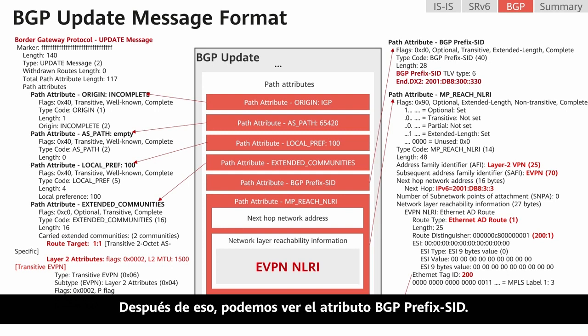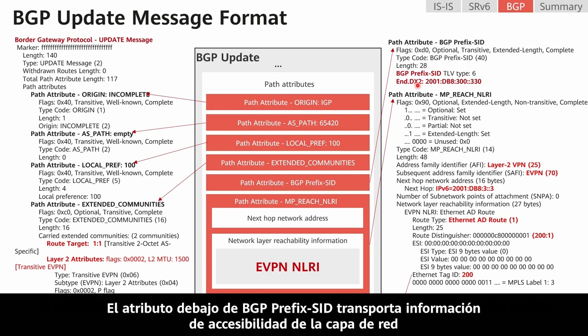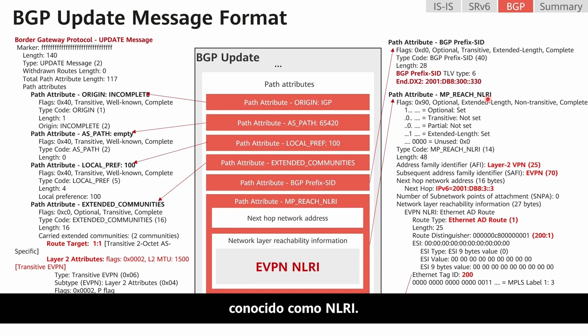After that, we can see the BGP prefix SID attribute. In this example, this attribute carries an end.dx2 SID, which is the same as the SID configured for the EVPL instance on P2. The attribute below BGP prefix SID carries network layer reachability information, referred to as an NLRI.